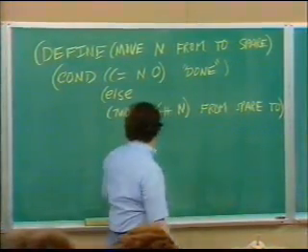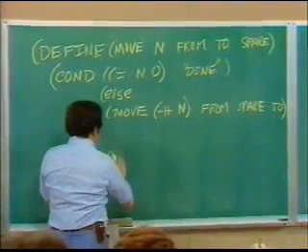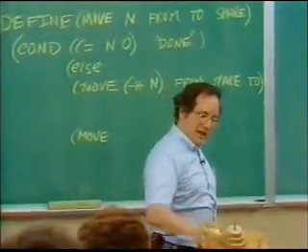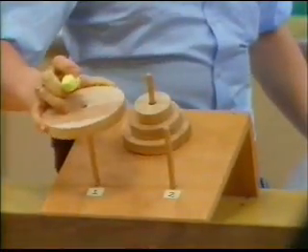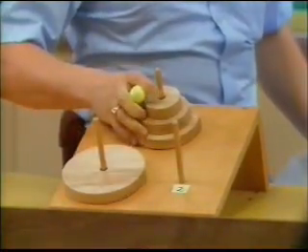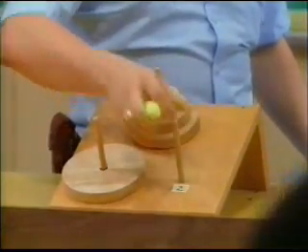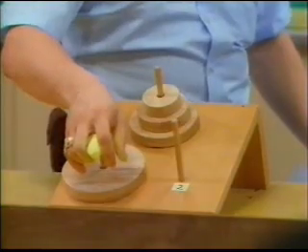Okay? Later, somewhere later, I'm going to move that same n minus 1 high tower, after I've done this, from the spare tower to the 2 tower using the from tower as my spare.